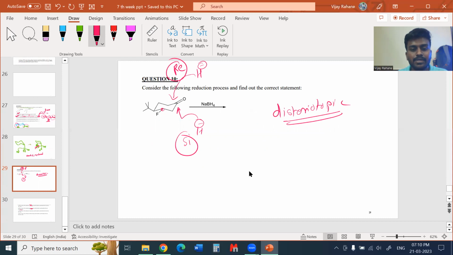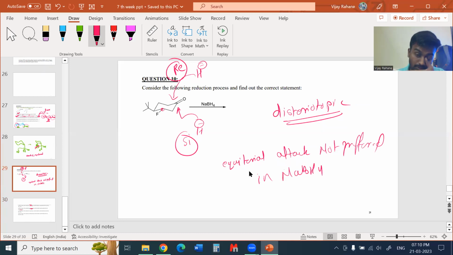If the attack takes place from the si face, it means an equatorial attack. Equatorial attack is not preferred in the addition of NaBH4, because this hydride is the smaller one, and the axial attack is more preferable here.